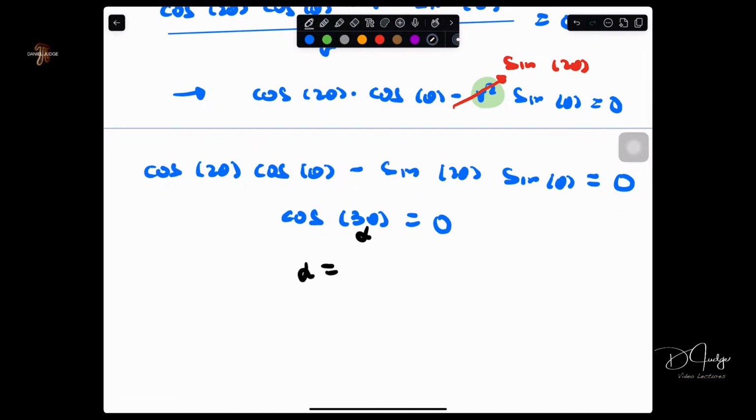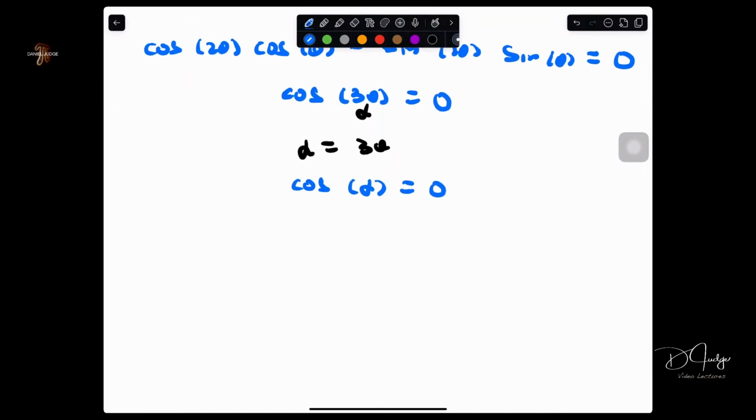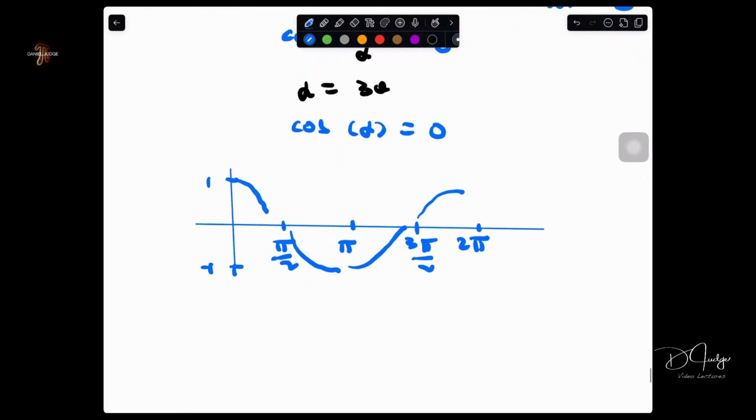We're going to let alpha be 3 theta. So we get cosine of alpha is 0. Now, where is cosine 0? It happens when alpha equals pi over 2 and 3 pi over 2.